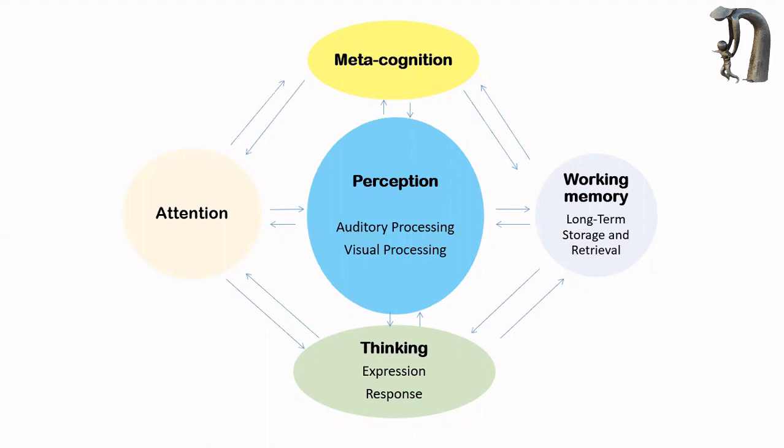Yes, there might be some area, like attention or metacognition, where at that particular stage the child is not able to perform well. So you need to target that, process it, and intervene. But remember, even if the attention is low, it doesn't mean that the working memory is not working.